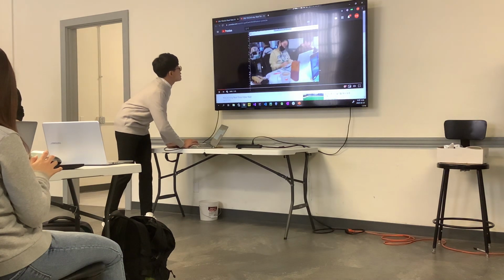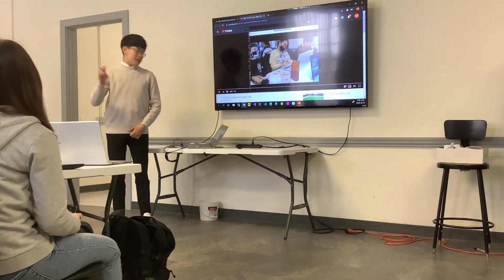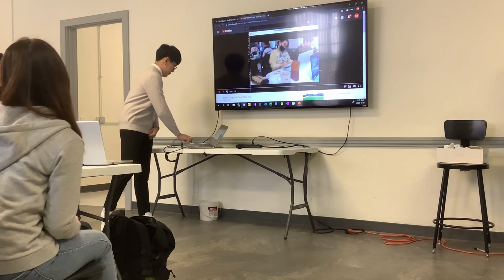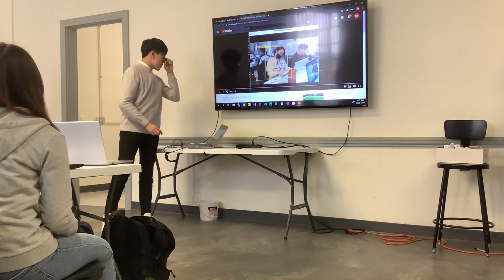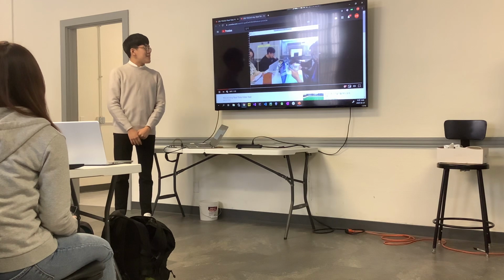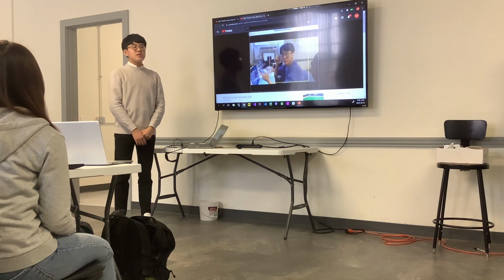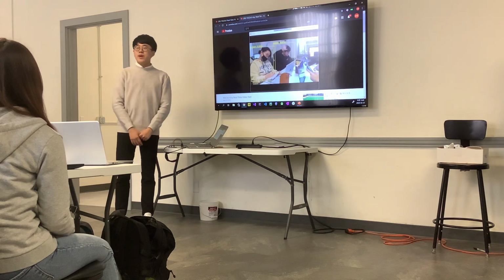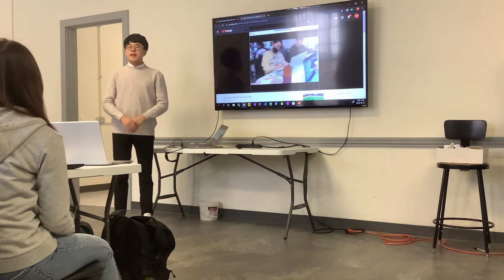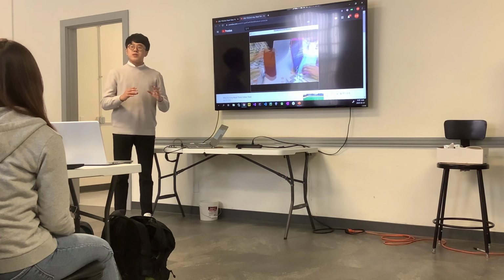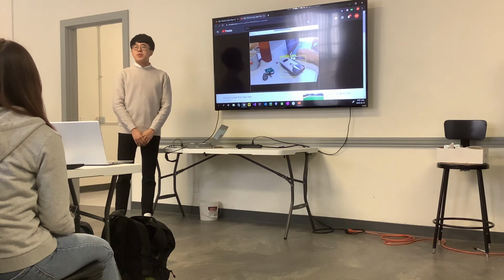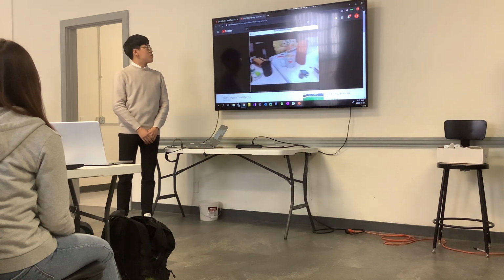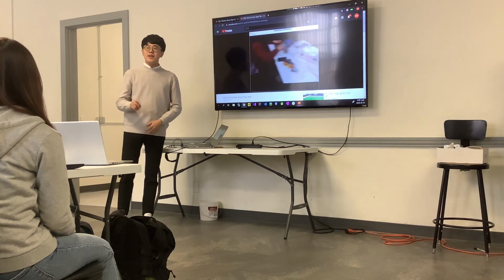Next, let's see the result of YOLO version 3 Tiny. It detected less objects than original YOLO version 3, but it was much faster. We have some trade-off between speed and accuracy, and in our project, frame per second is more important than accuracy, so we decided to use YOLO version 3 Tiny in our project.